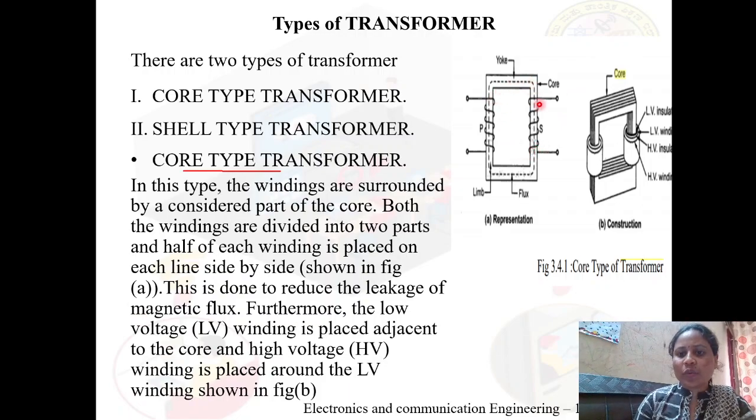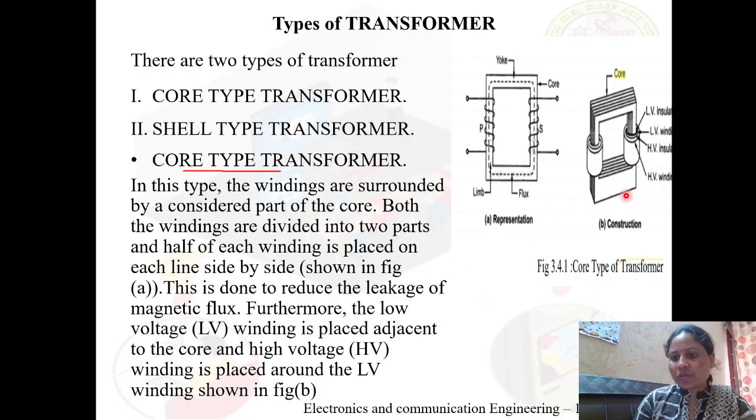Here the windings are surrounded by the core, and both the windings are divided into two half parts, which are placed on each side. This is generally done in order to reduce the leakage of the magnetic flux.